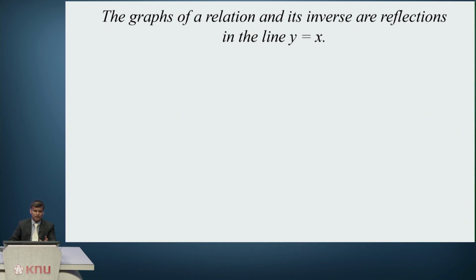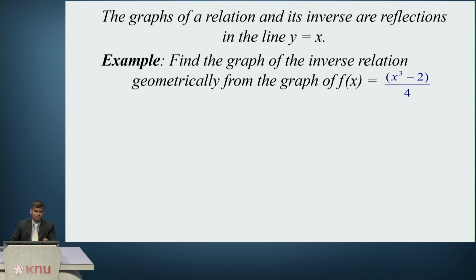The graphs of a relation and its inverse are reflections in the line x equals y. Say for example, find the graph of the inverse relation geometrically for the graph of f of x, where f of x is x cube minus 2 by 4, that is the given function. Let's see how this works out.